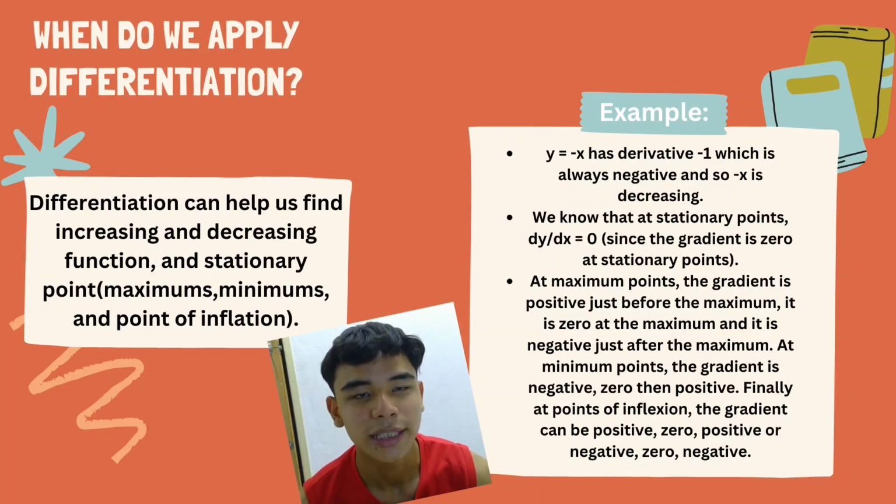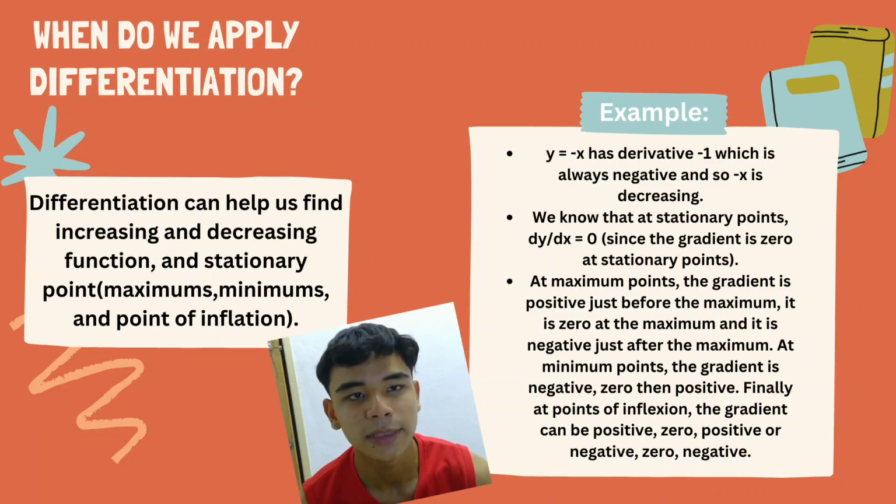We know that at stationary points, dy over dx equals 0, since the gradient is 0 at stationary points. At maximum points, the gradient is positive just before the maximum, it is 0 at the maximum, and it is negative just after the maximum.